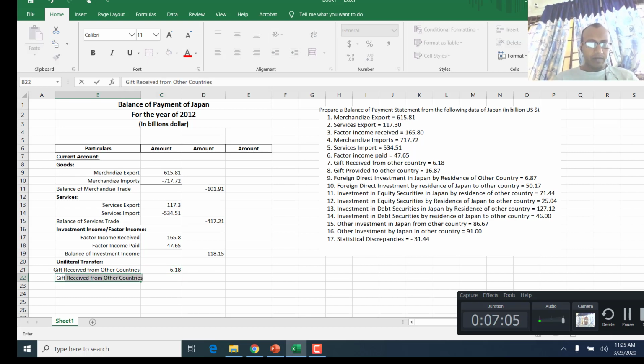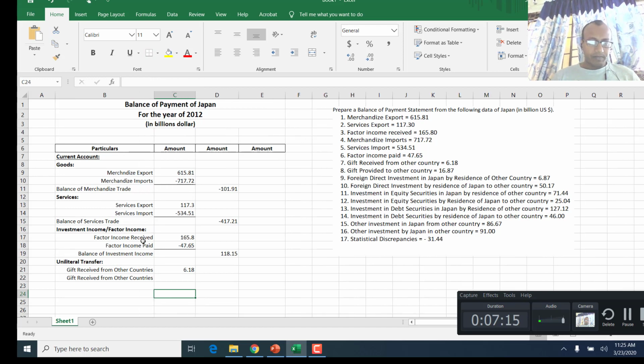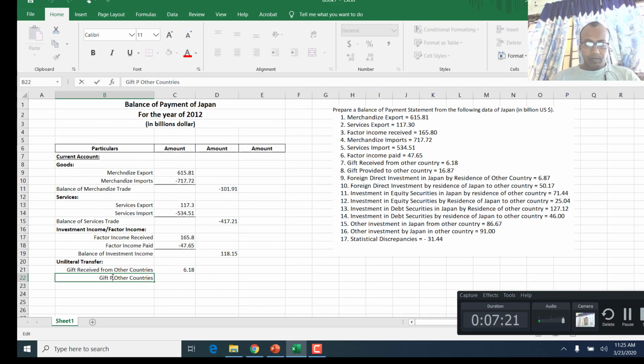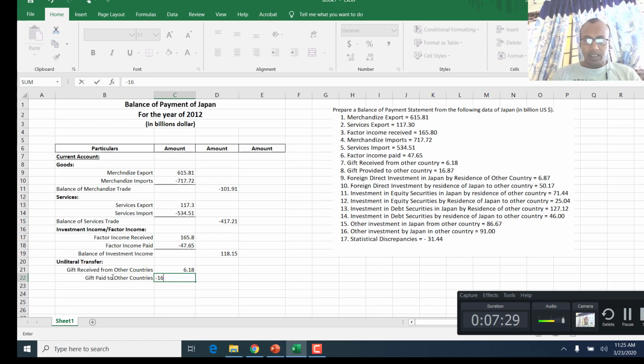Then gift. Let me make this column a little bit larger. Gift paid to other countries is minus 16.87, in transaction number 8.